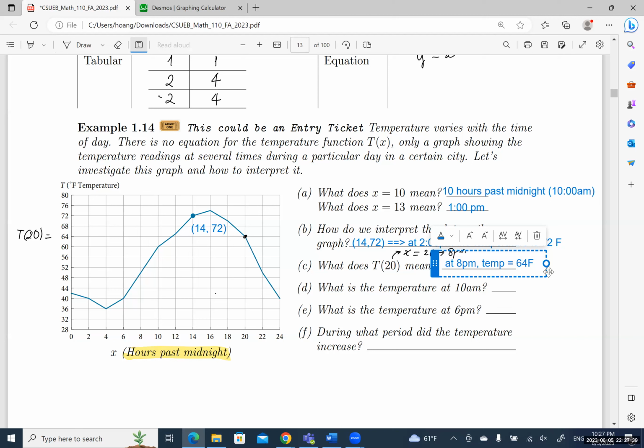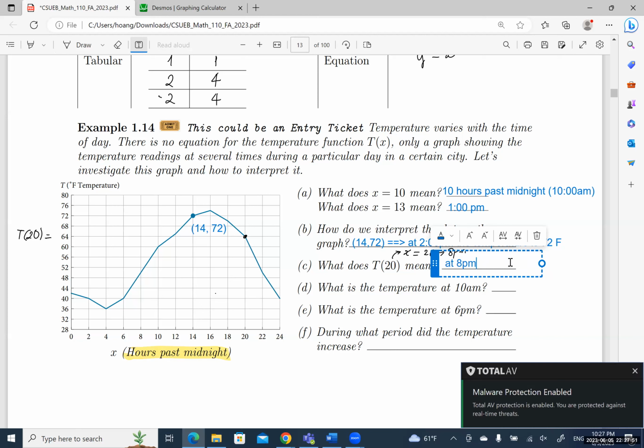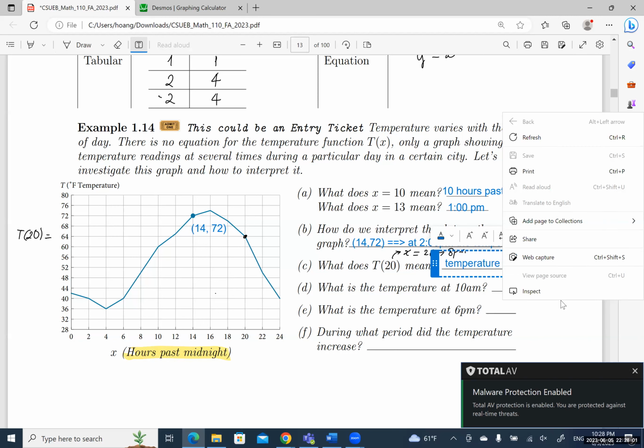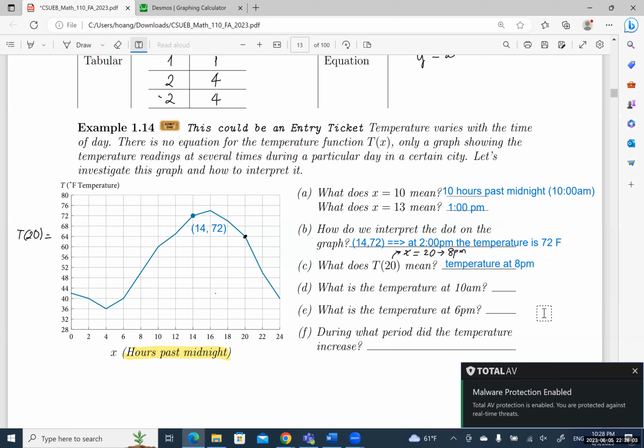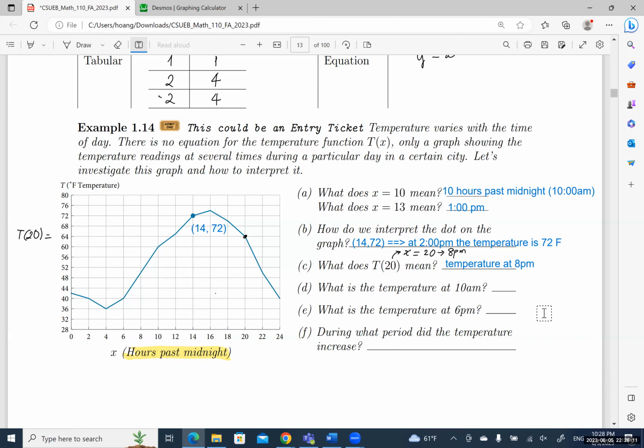Actually, if the question just says what T of 20 means, I should just say it better: temperature at 8 p.m. If you are given T of 20 equal to 64, then you can say that.